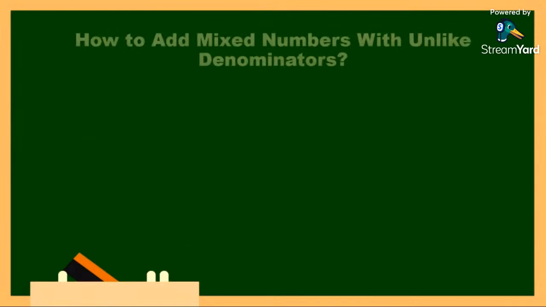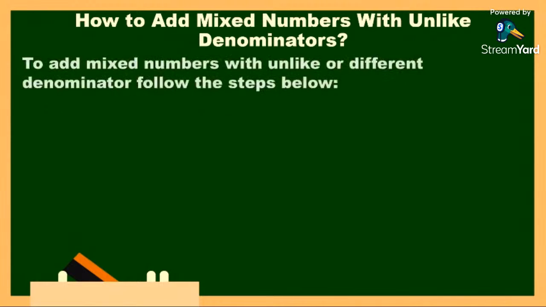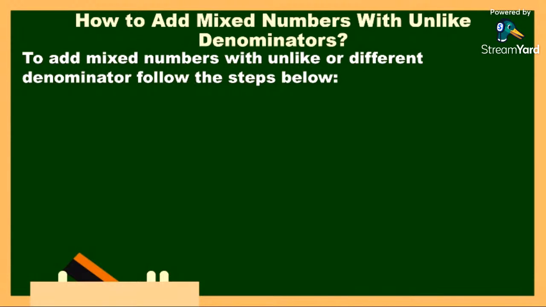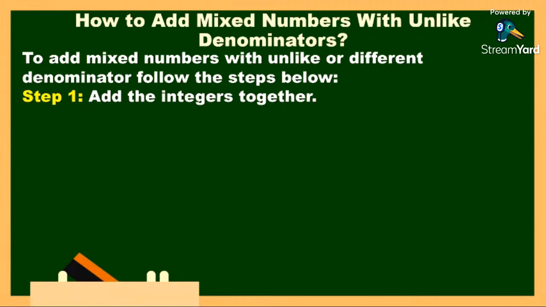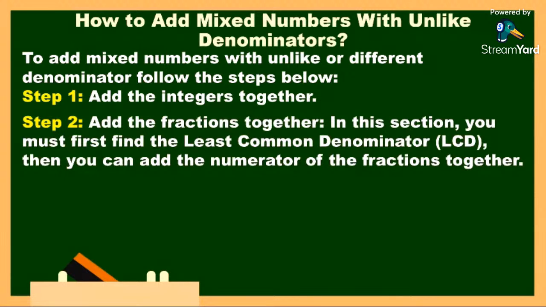But how can we add mixed numbers with unlike denominators? So, to add mixed numbers with unlike, or different, denominators, we should follow these steps. Step 1. Add the integers together. Step 2. Add the fractions together.